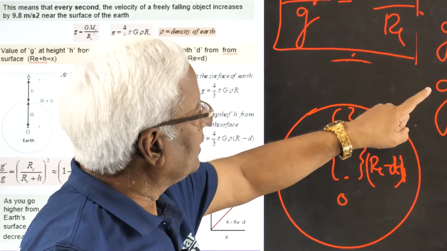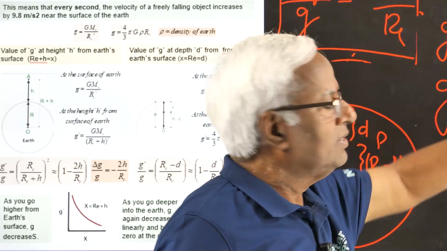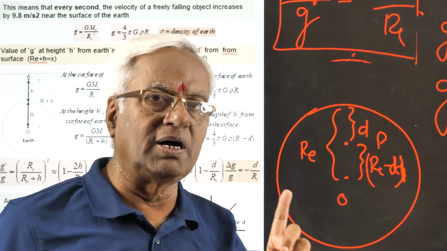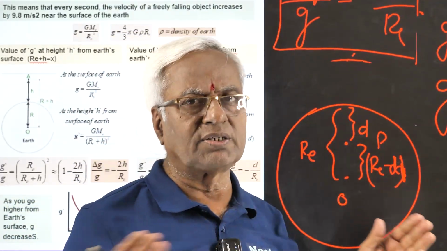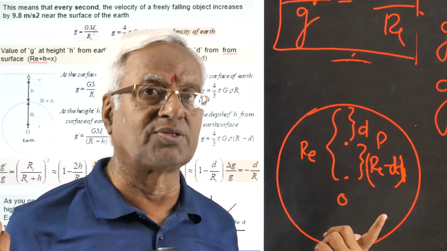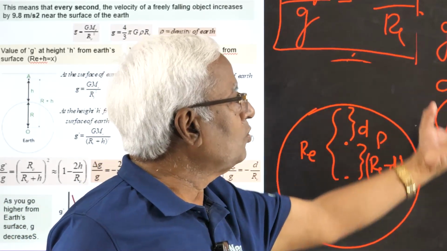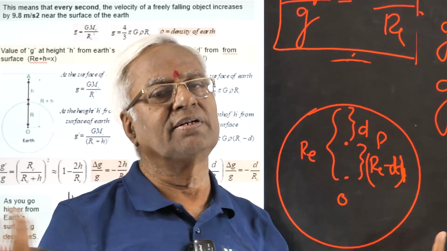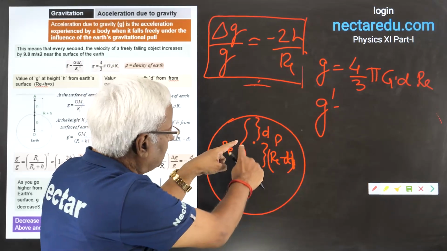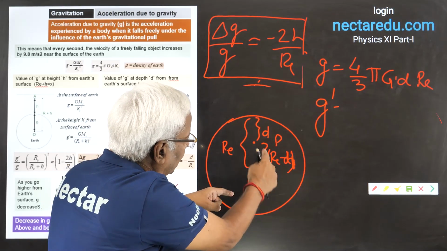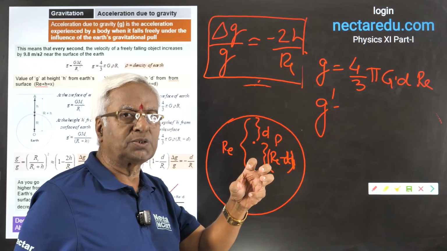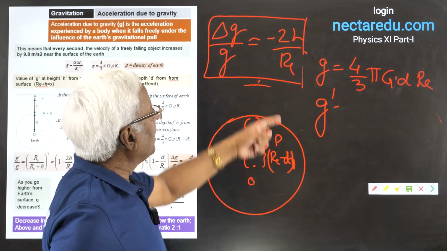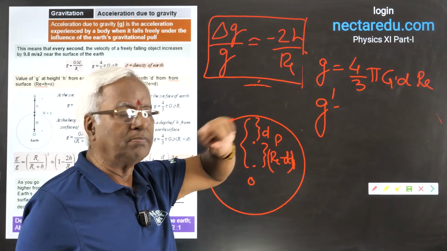That's why we have chosen this formula in which density is involved, not the mass. Density throughout the earth shall be considered almost constant, whereas the mass of the smaller sphere lying within this point P will be less. So we haven't preferred the formula using mass.